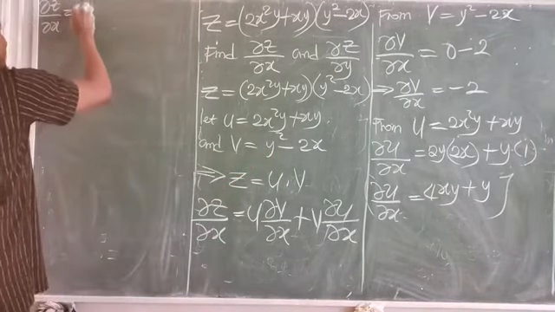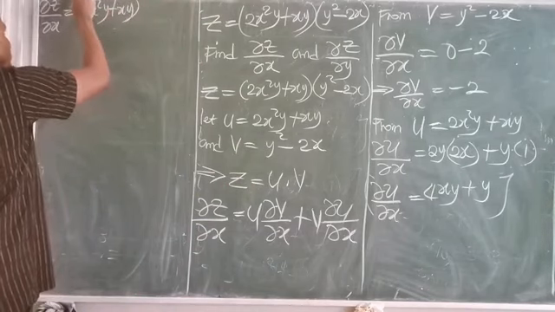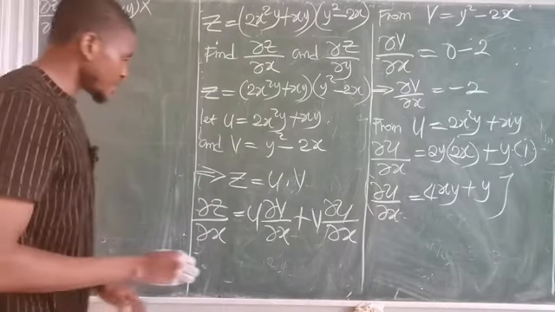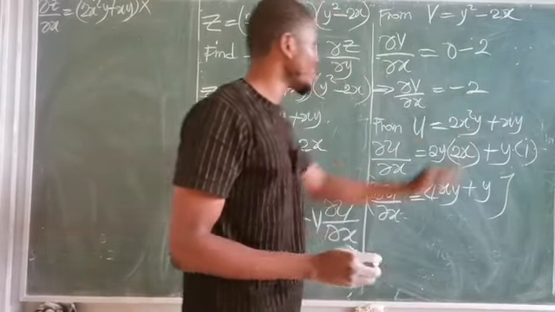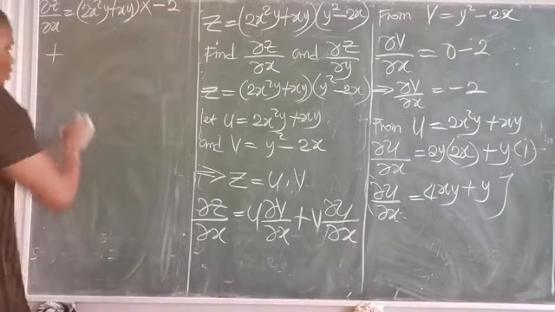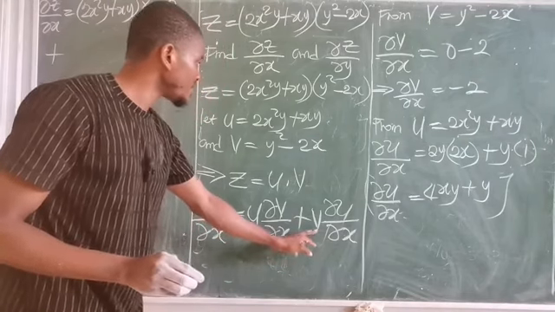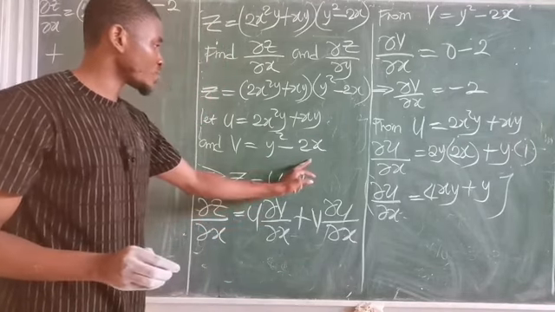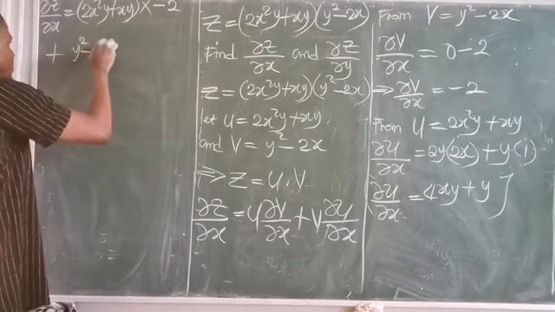So you have 2x squared y plus xy multiplied by dv/dx, and dv/dx gave us minus 2. So multiplied by minus 2, plus, we say now keep v constant, and v is actually y squared minus 2x. You simply have y squared minus 2x.